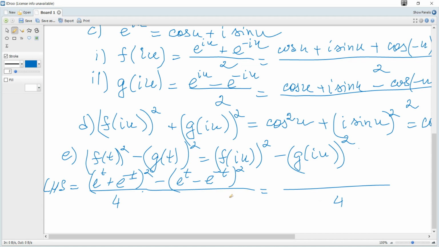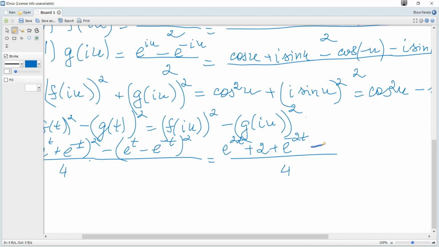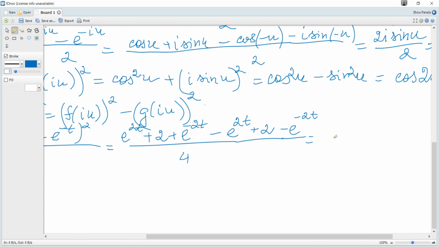And it is equal to e to the power of 2t plus, it will be 2 multiplied by e to the power of t plus e to negative t, it's just 2 plus e to negative 2t minus e to the power of 2t, and it's minus 2, and with this minus it becomes plus 2, and plus, but with this minus it becomes minus e to the power of negative 2t. And we can see that it becomes 4 over 4, it's 1.